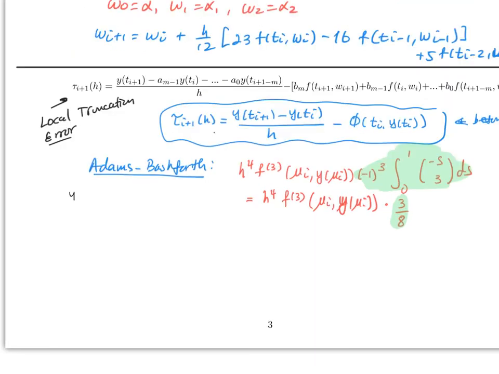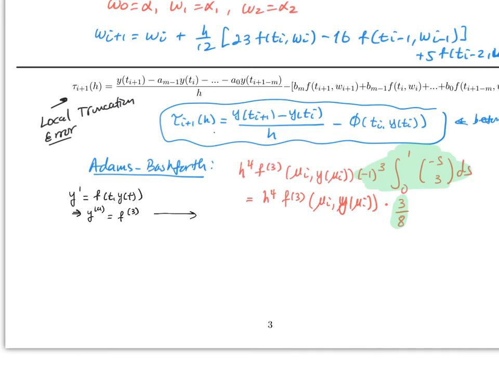Remember that y prime was equal to f of t, y of t. So this implies that the fourth derivative of y is the same thing as the third derivative of f.